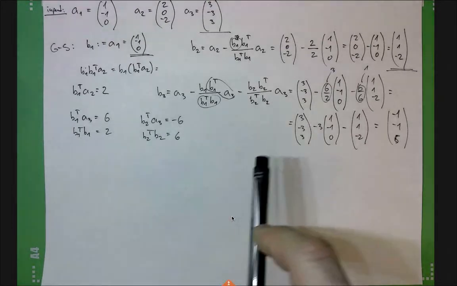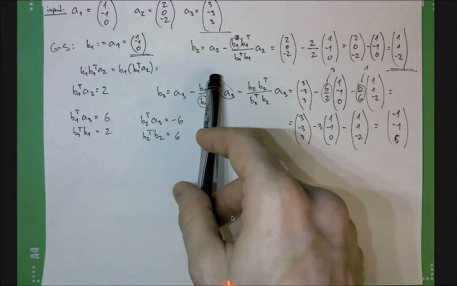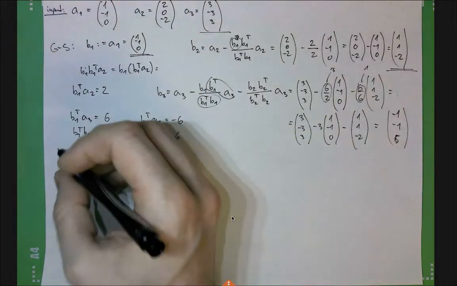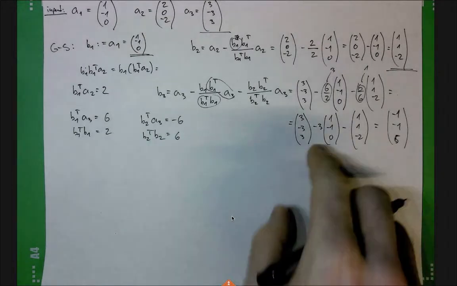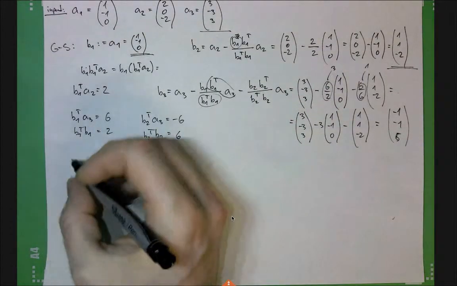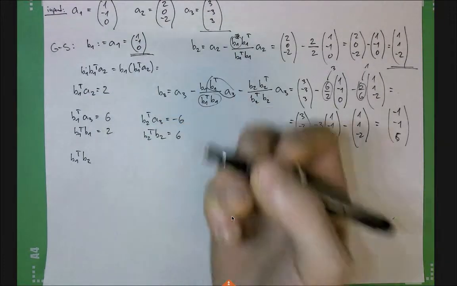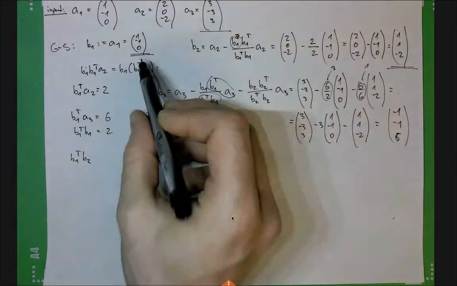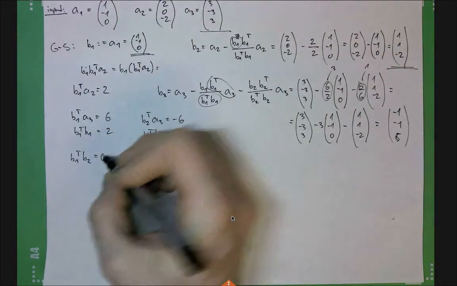Maybe I made a mistake somewhere. So the way we should check for mistakes is by checking that these vectors are really orthogonal. I think I made some mistake in the B3. Well, let's see if B1 transpose B2 should be 0, right, if they are orthogonal. And if I do B1 transpose B2, that is correct, right? There I get 0.